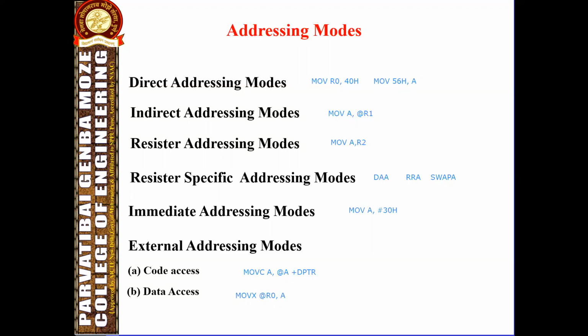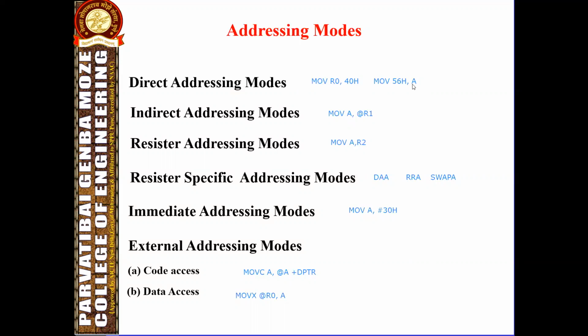So for accessing the data present in a particular memory location, such types of instructions are called direct addressing MOV. For example, MOV R0, 40H. Here, the data present in the memory location 40H is moving into the destination register R0.